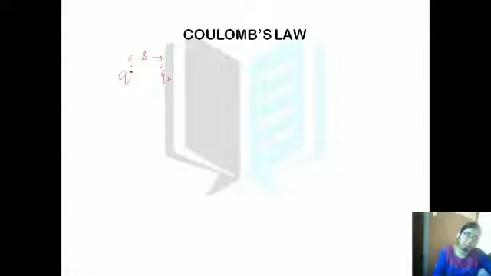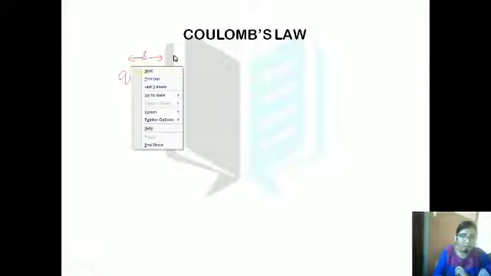These charges are called point charges. That means the size of these charges is very small in comparison to the distance between them, so that their size can be neglected. So we are taking point charges. And we know that there is some force of attraction or repulsion between the charges.